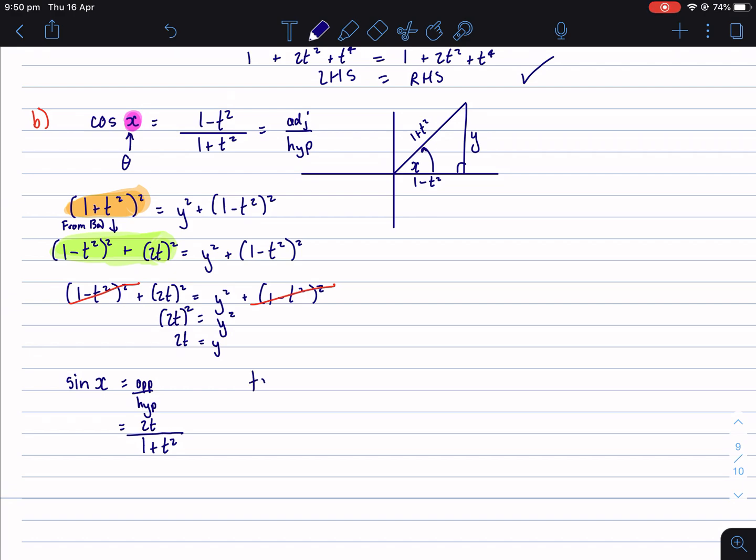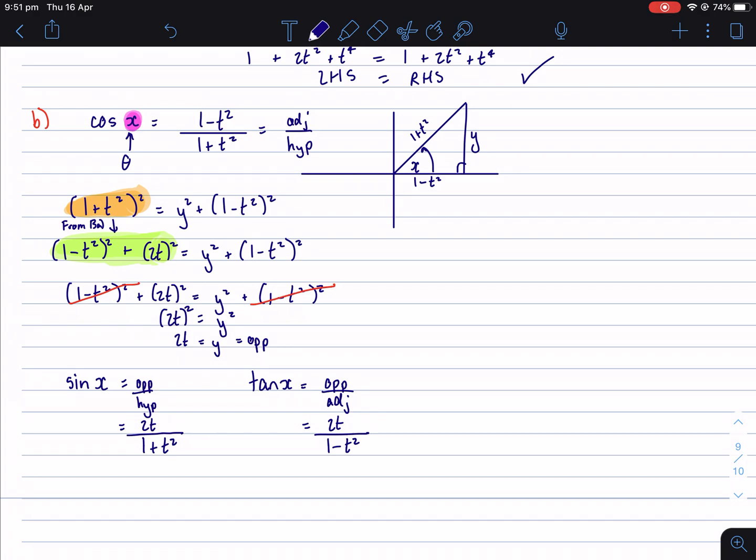And tan x is opposite over adjacent, which in this case is y, so 2t over, and then the adjacent was 1 minus t squared. And that's as far as we can go with that. We could factorise that bottom, 1 take t, 1 plus t, that's not going to help us at all. Cool question.